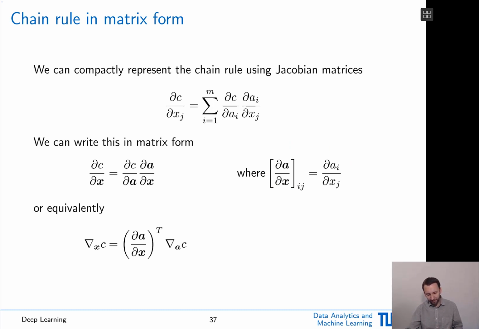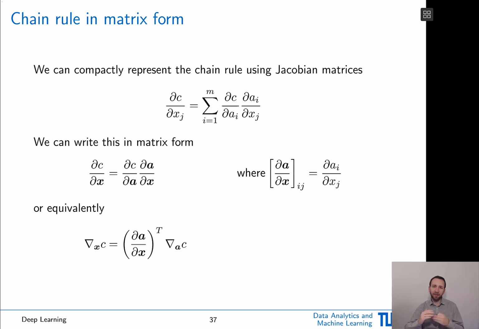Or simply speaking, if we want to do it for a scalar output, where we have the gradient of our function c with respect to some parameter x, this general form is the transpose of the Jacobian of a with respect to x and the gradient of c with respect to a, okay?